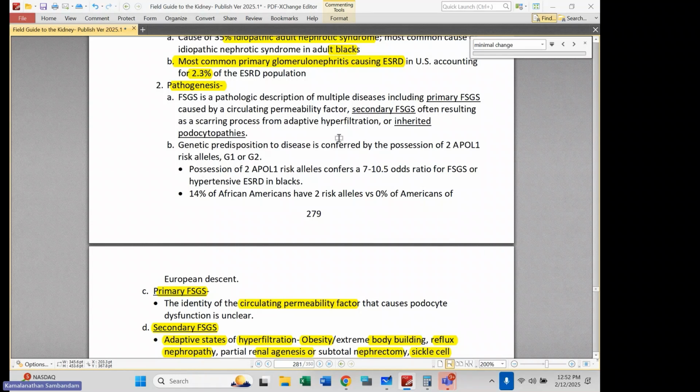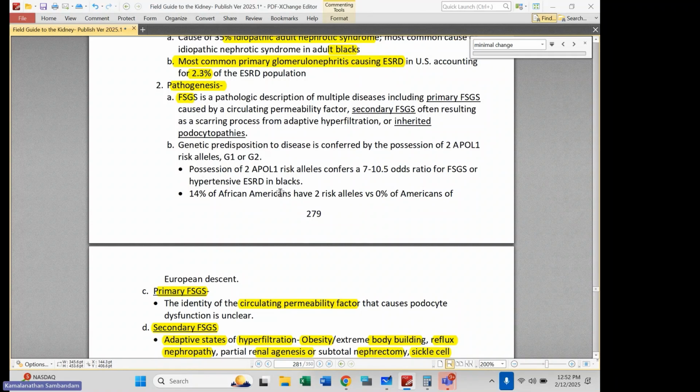If you're not familiar with that, that's what you have to fill out when you have a new ESRD patient. This is a form where you put in some of their demographic information and their diagnosis as a cause of ESRD. It doesn't require a biopsy. You just put in your best guess.